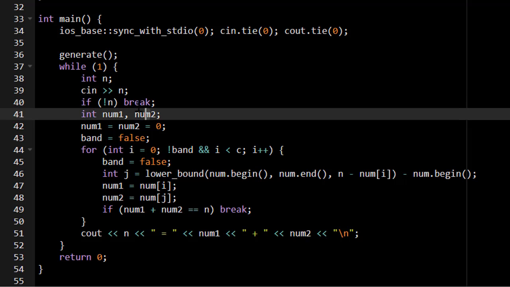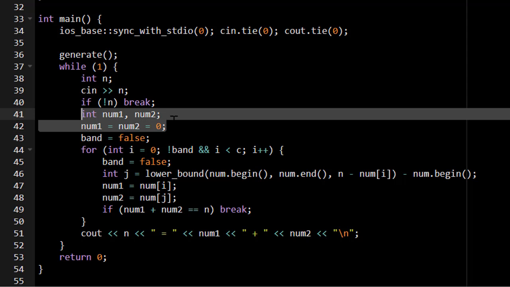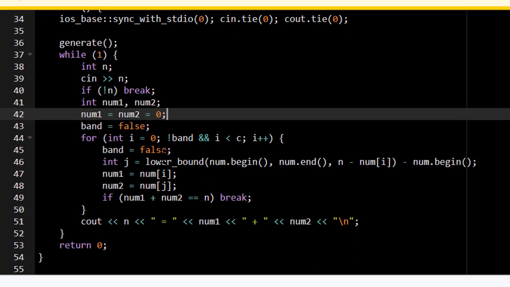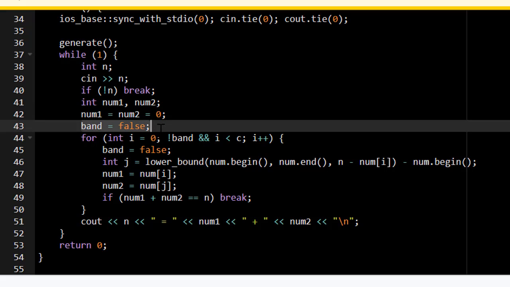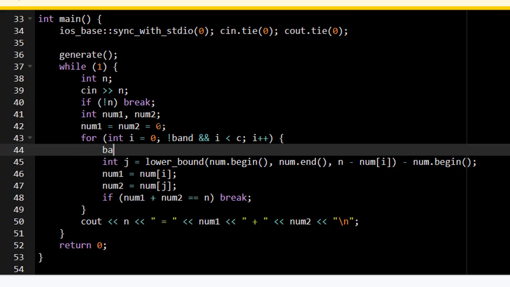I declare these two variables that are gonna be the prime numbers that add up to n. Originally I set them to 0 because I wanted to see where my bug was when coding. Now I don't even need band here, not here either.